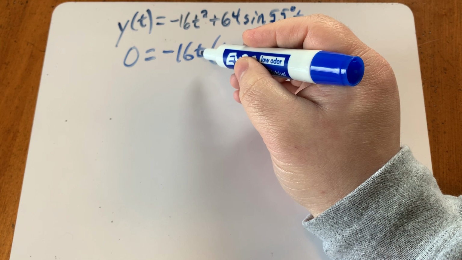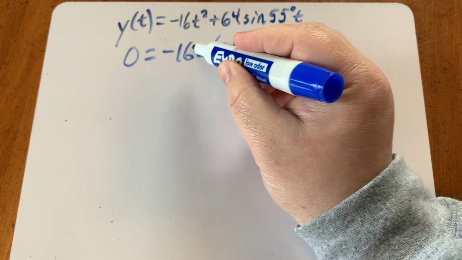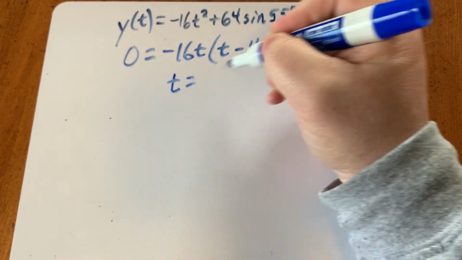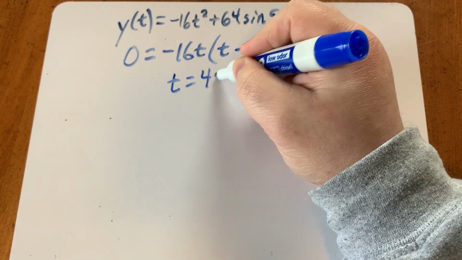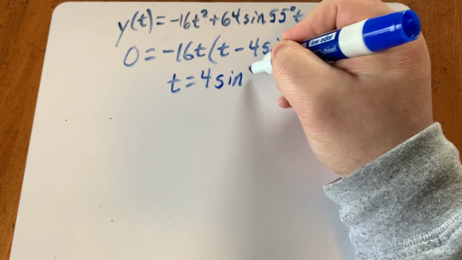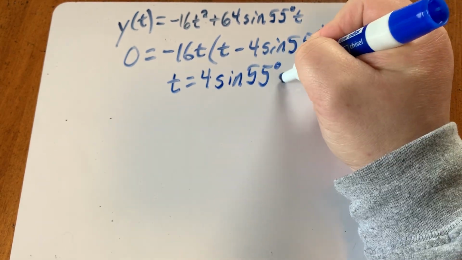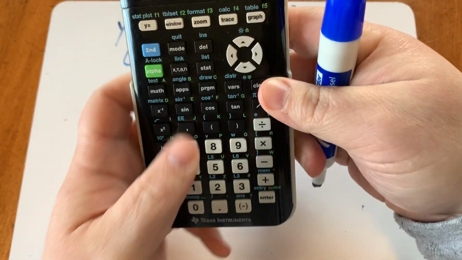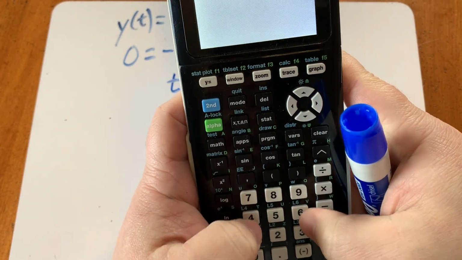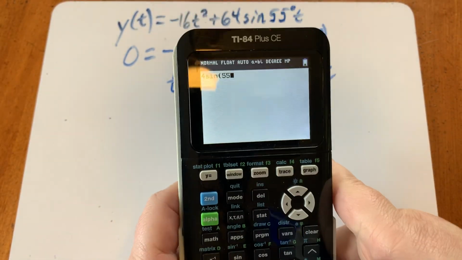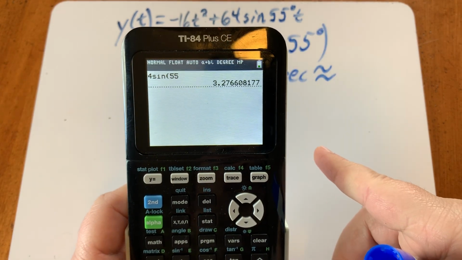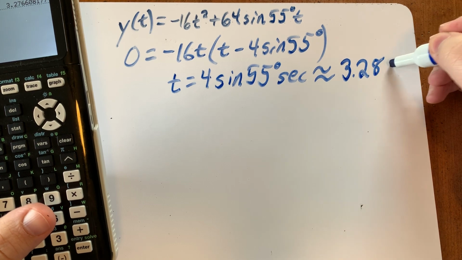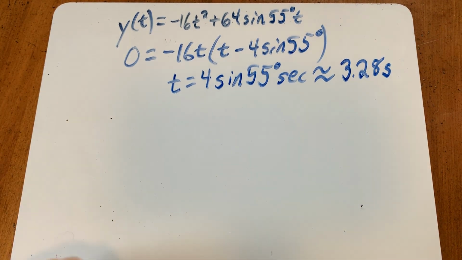That's our initial position, so that's not the one where it hits the ground. This factor is going to give us where it hits the ground. So at time equals 4 sine of 55 seconds is when it hits the ground. 4 sine of 55 is approximately 3.28 seconds. So that's the hang time of the ball.